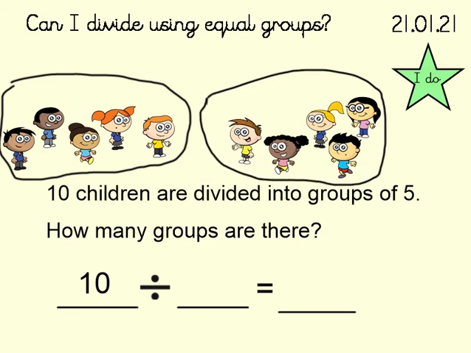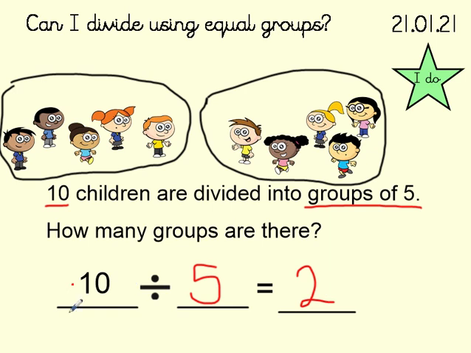That's right. There are 2 groups. Where am I going to write these then? So 10 children, that goes in here, are divided into groups of 5. So that comes here now in my division sentence. And there are 2 groups. So I'm writing 10 divided by 5 equals 2.